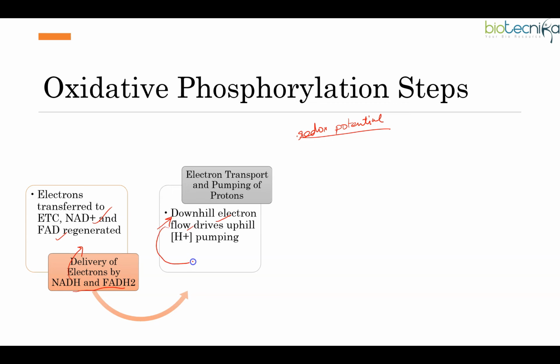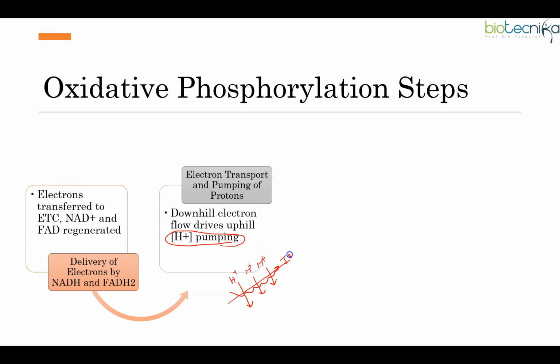Whenever any process is giving out energy, that energy will be used to drive some other unfavorable process. This other unfavorable process is H plus pumping. Whenever the electrons are passed on from carrier to carrier in the inner mitochondrial membrane, some protons present on the matrix side of the mitochondria will be transported across the membrane.